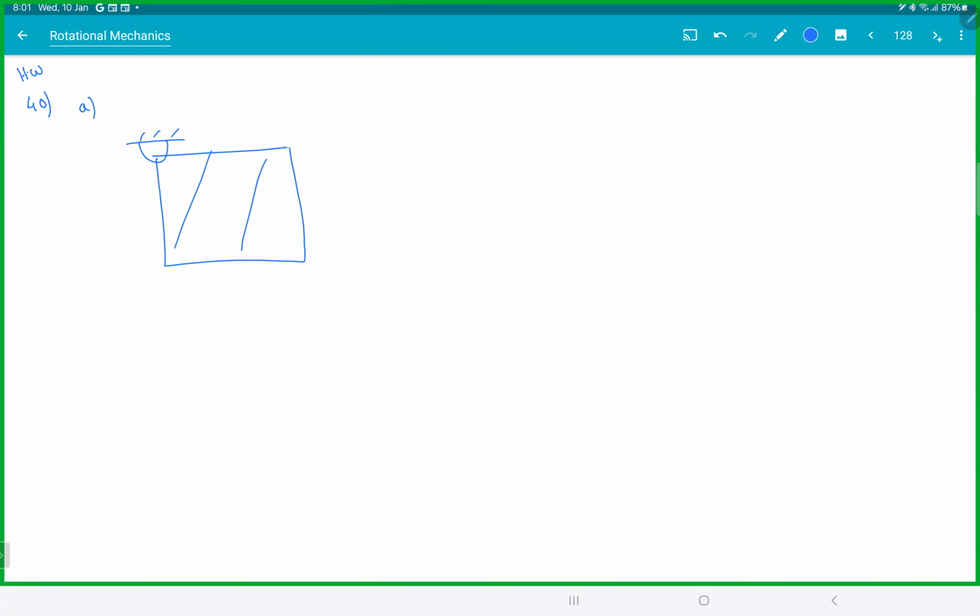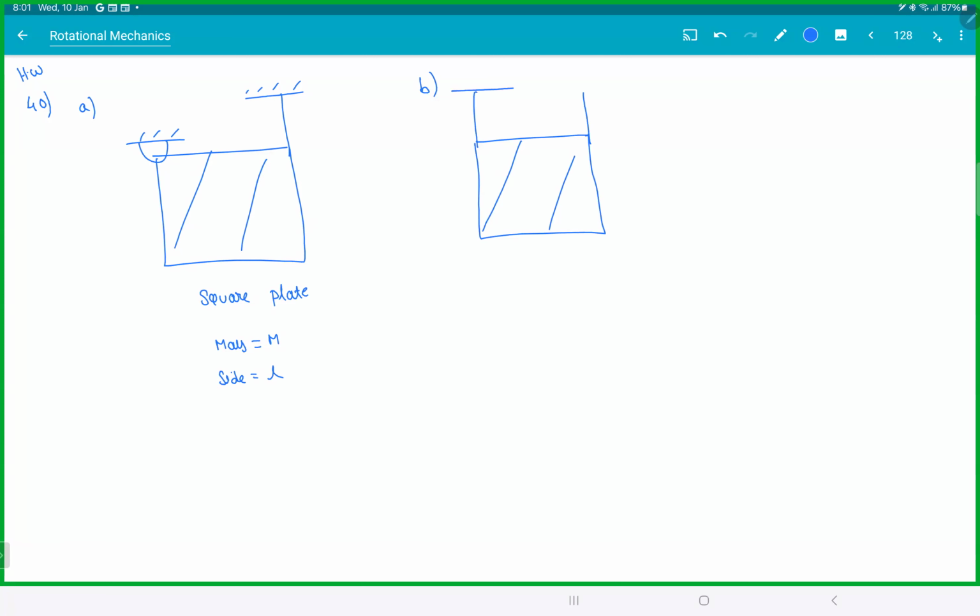Then we have a square plate, mass M, side L. We have two strings.